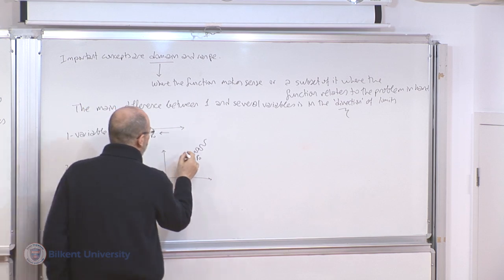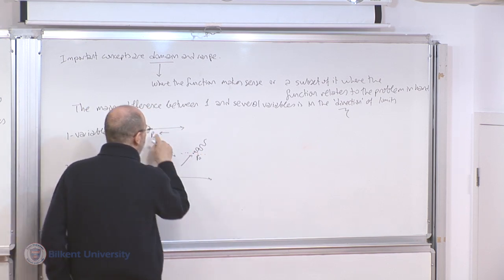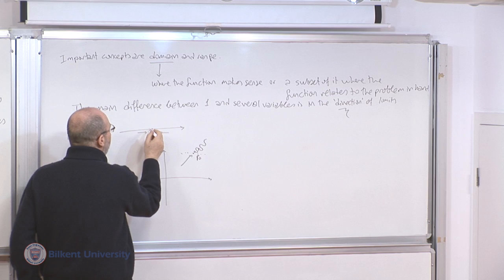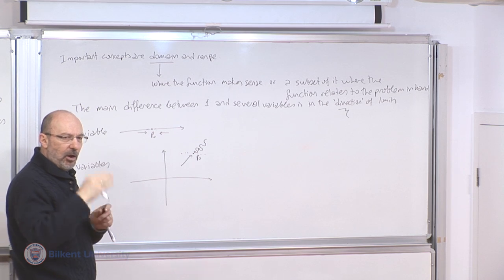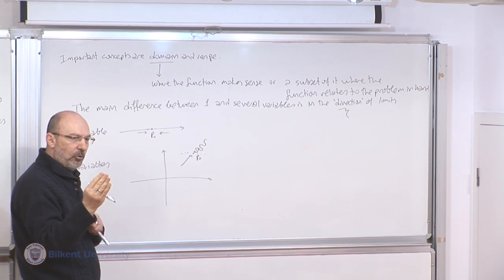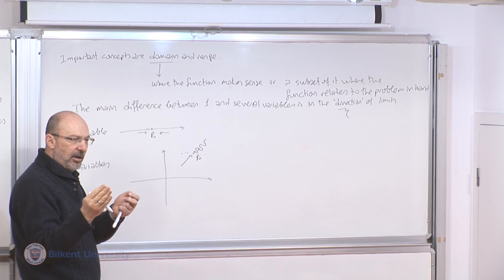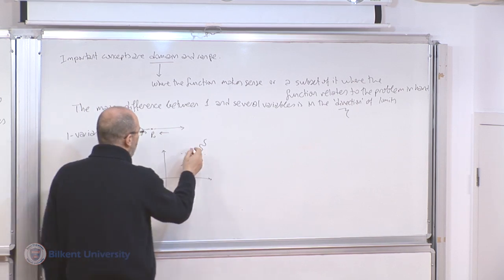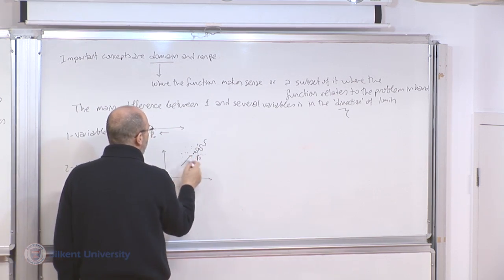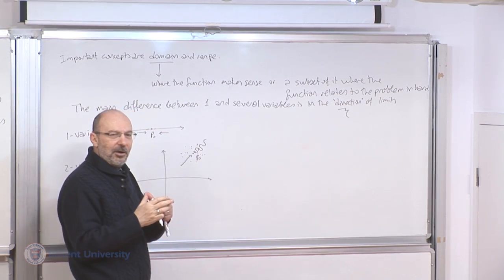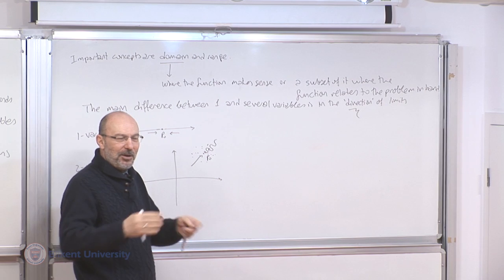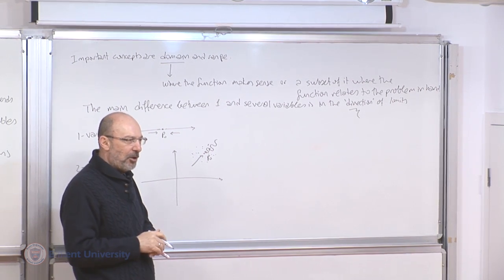You can approach it like this. That was also the case in the one-dimensional case, but there your jumps are restricted. You either jump to the right side and come closer, or you are on this side and come closer. But here, you can also approach it like this. You can do this a million times, billions and billions of times. We are talking about infinity.